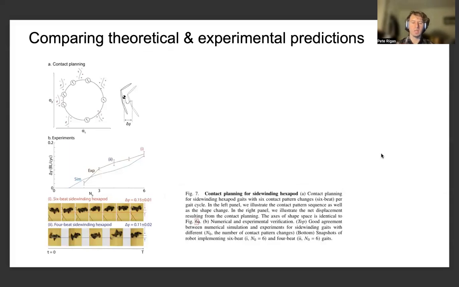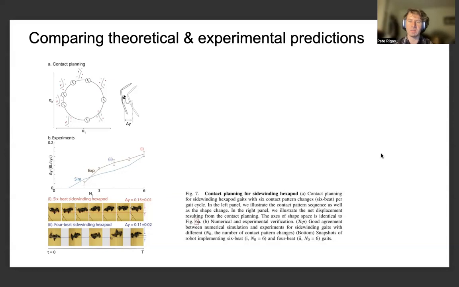And one very important aspect of introducing this formalism in terms of the kinematic equations and the different types of robots that these authors consider is that it can be used to make connections between experimental and theoretical predictions.